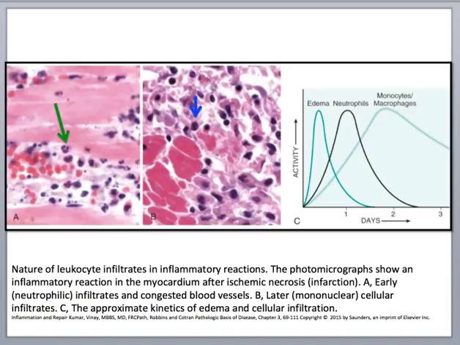Finally, the right panel shows the approximate kinetics of edema and cellular infiltration, comparing acute inflammation, which is to the left, to chronic inflammation, which begins to dominate after 2 or 3 days. So keep that in mind as we complete our survey of acute inflammation, and for the next case when I talk about chronic inflammation.